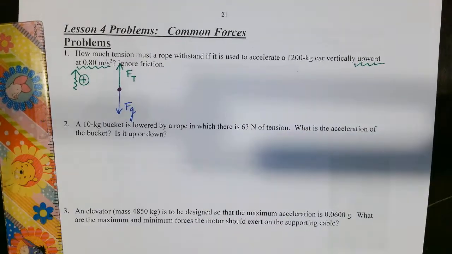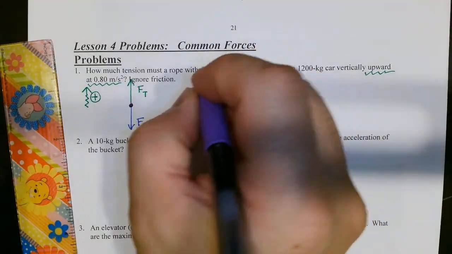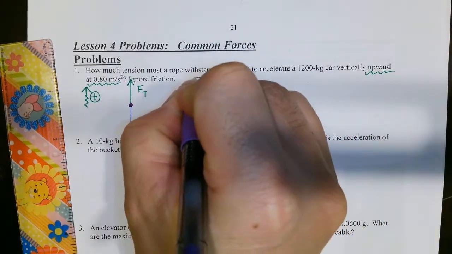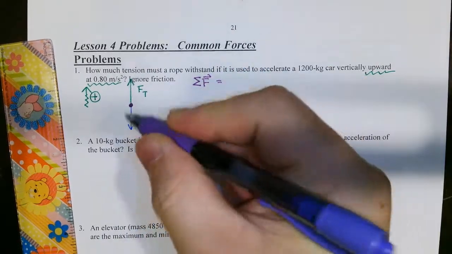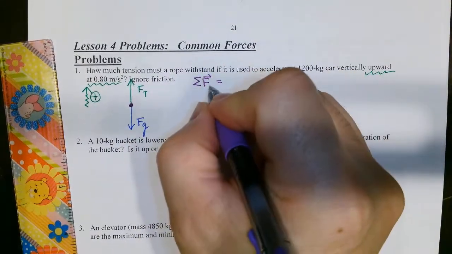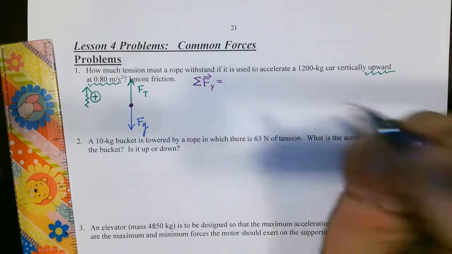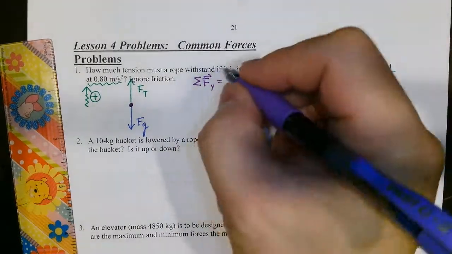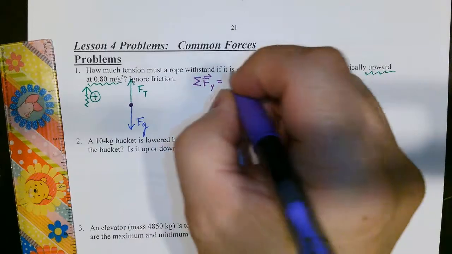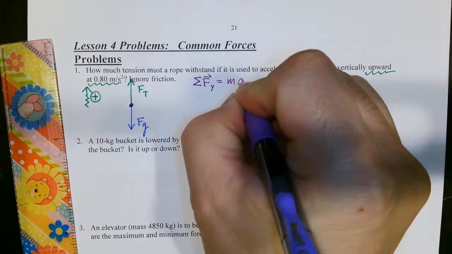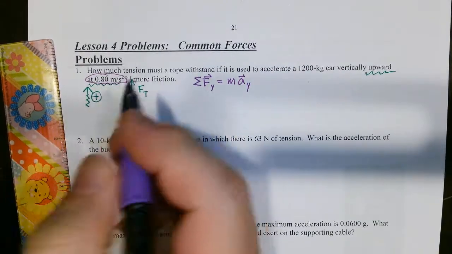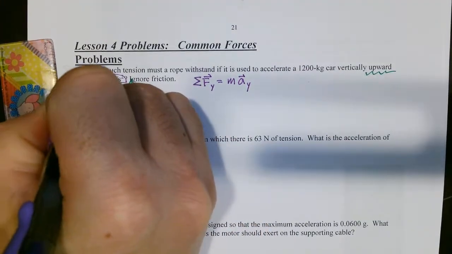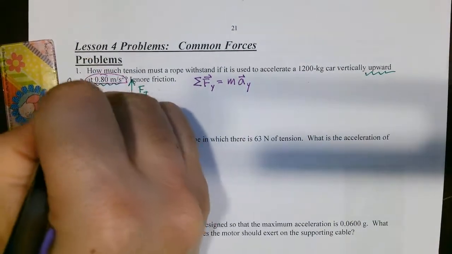Now that we have this, we can work with the sum of all forces in the y direction. There's only one direction this motion is happening, right? I like to put the y down just to show that we're working in the y direction, is equal to m a_y. This is acceleration in the y direction, okay?